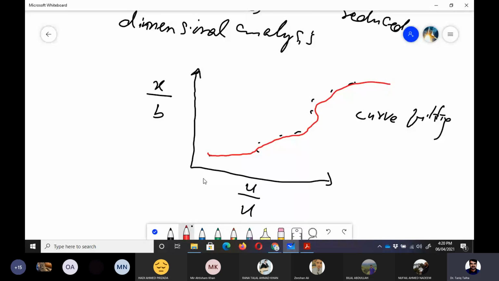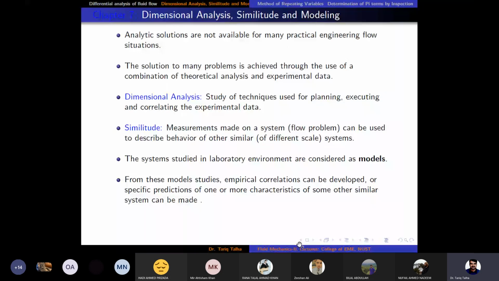In software like MATLAB, if we have XY data, we can easily do the curve fitting and get different kinds of empirical correlation. Getting that accurate data is the challenge. Getting the empirical correlation is just a job of 5 minutes, not more than that.